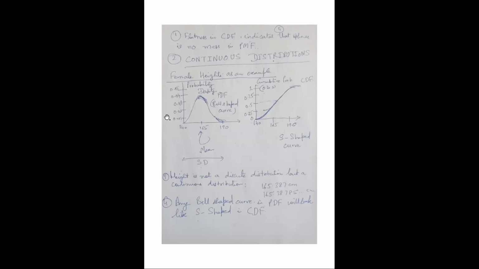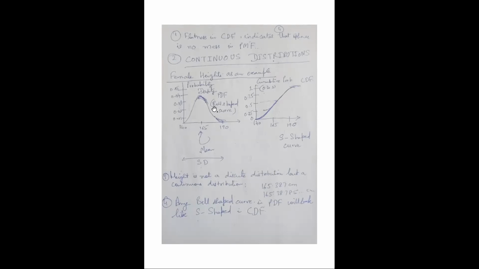What is along the y-axis? It is the probability density. At a height of 165 centimeters there is a maximum, a peak. Maximum people will fall near this mean, and for 140 centimeters the probability of female height will be reducing.